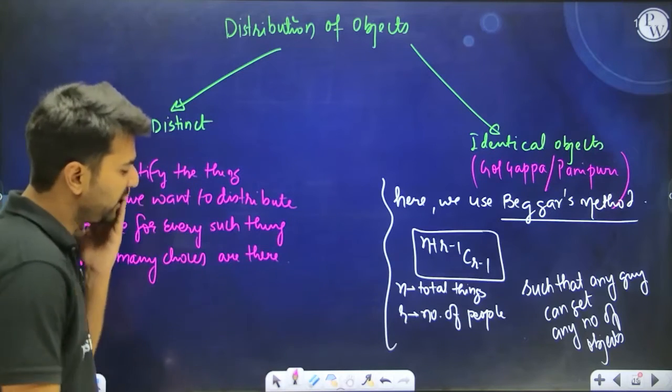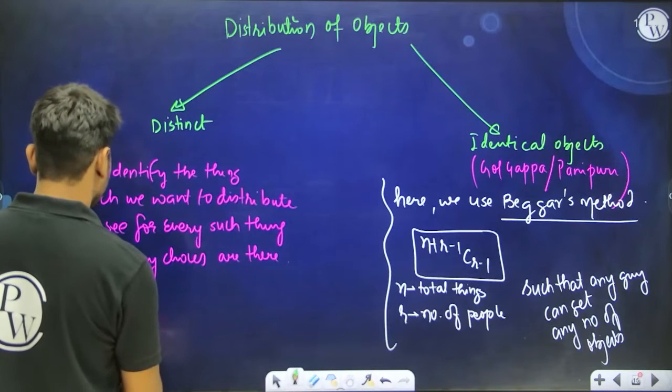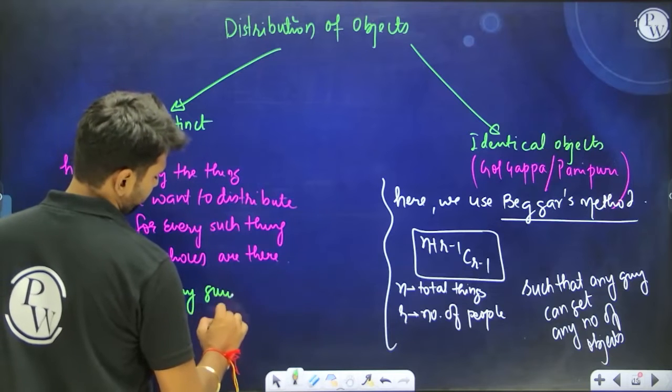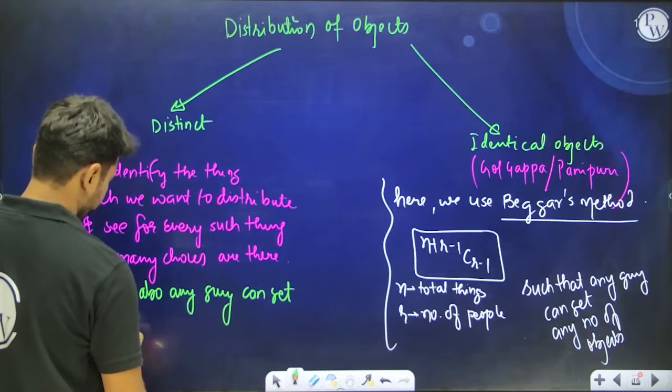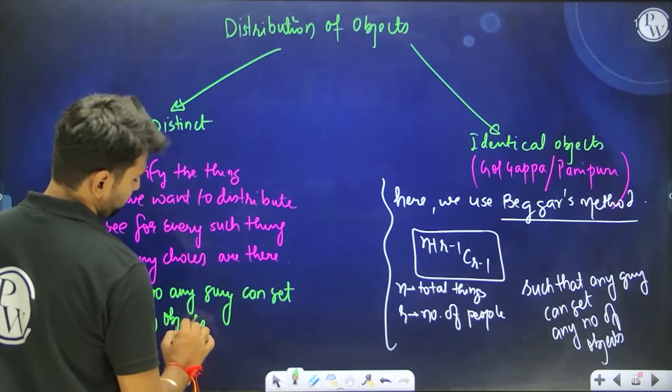Here also any guy can get any number of objects. Let me tell you examples of both the cases.